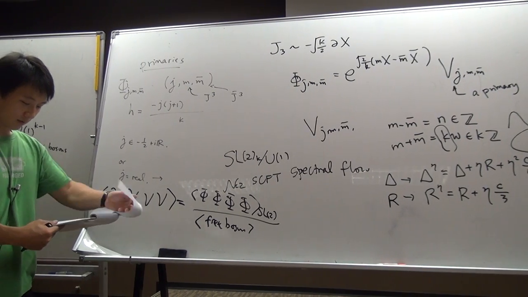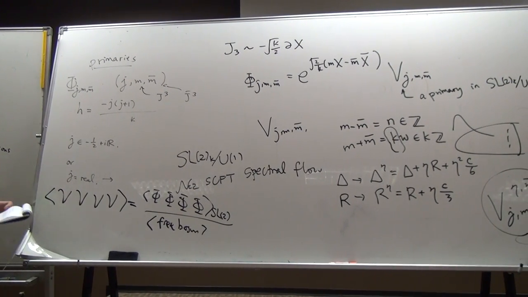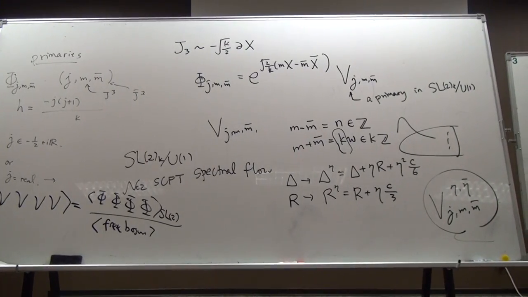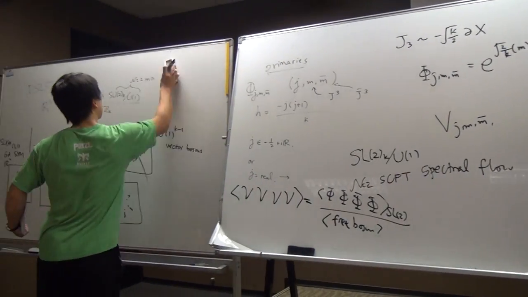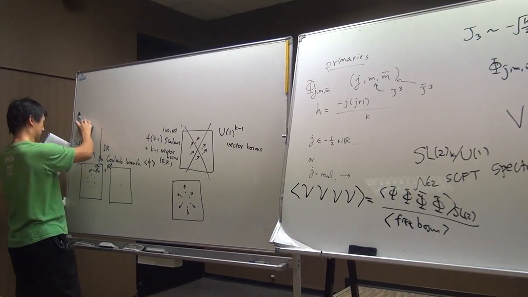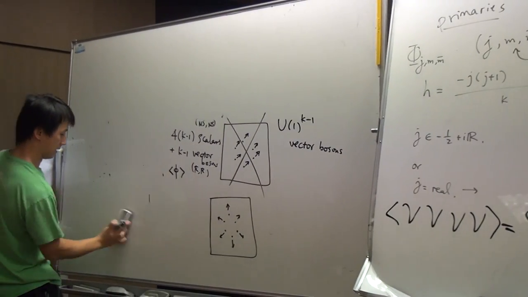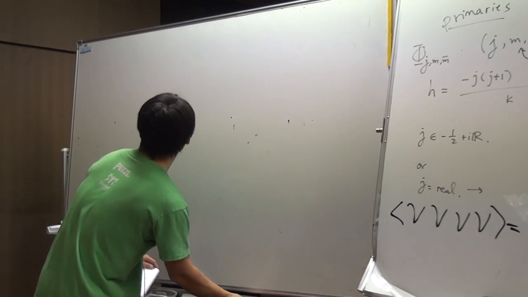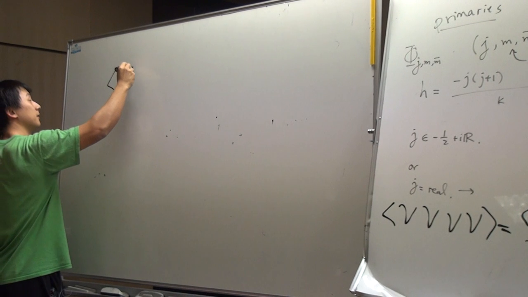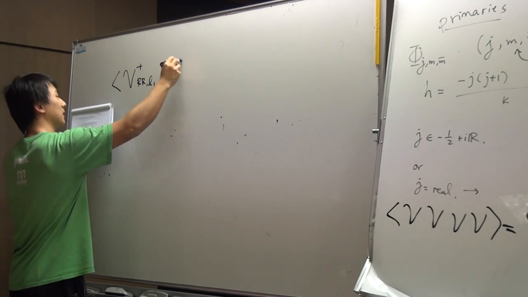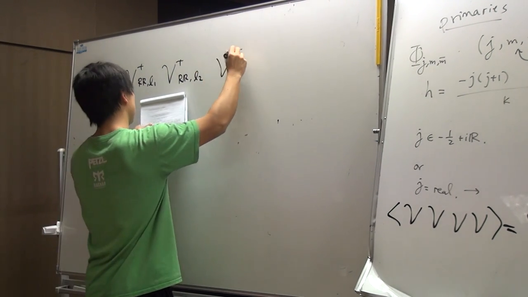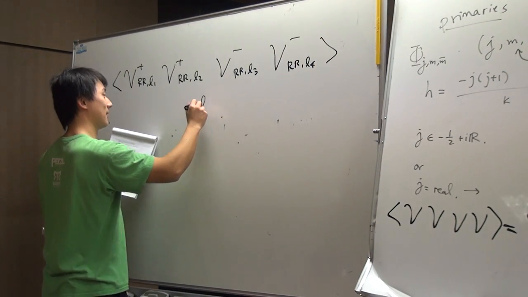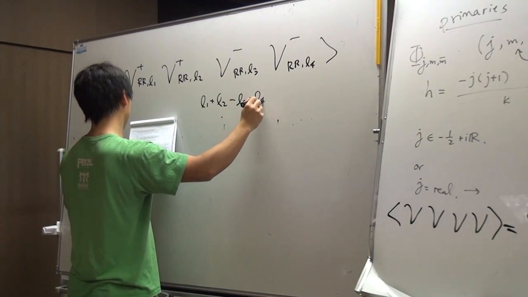A class of winding number conserving correlators would be the following. So let's say, for example, let's consider V plus Ramond L1, V plus RR L2, V minus RR L3, and V minus RR L4, with say this L1 plus L2 minus L3 minus L4 equal to 0.